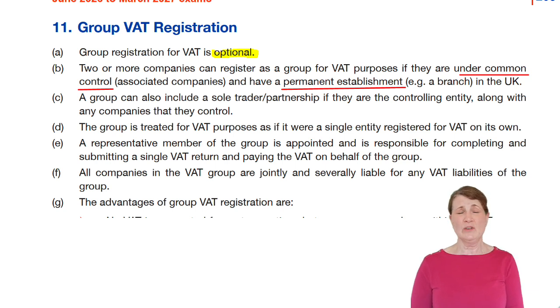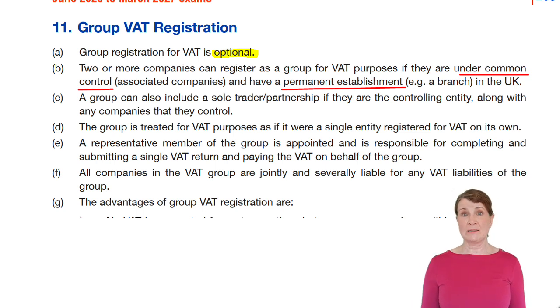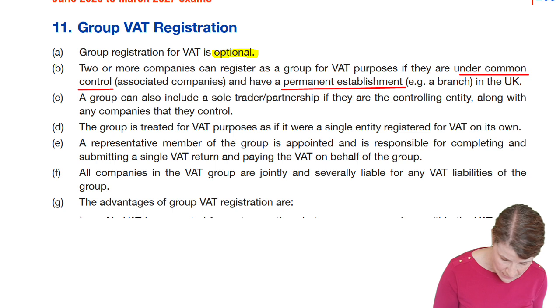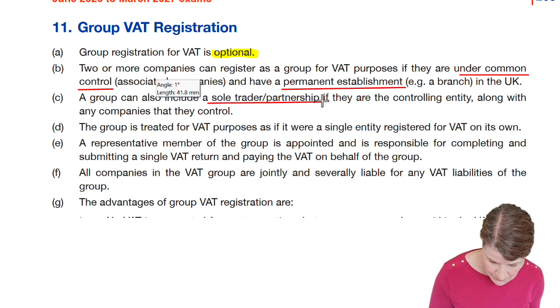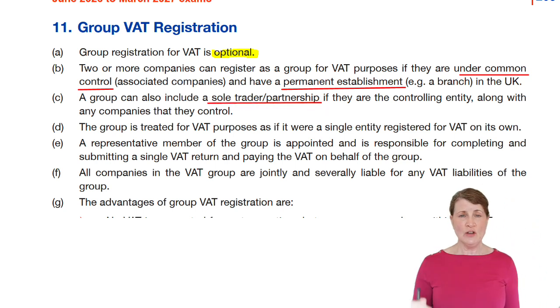Now, like I say, we generally talk about companies. However, a few years ago, they made a slight change to the rules and they said, look, if you're a sole trader or a partnership, as long as you're the one doing the controlling, we can actually include the sole trader or the partnership as part of a group registration for VAT.